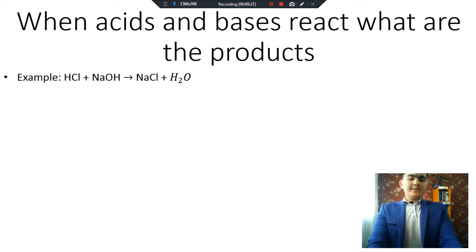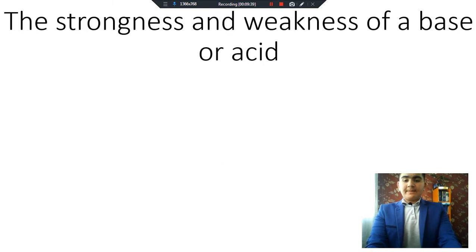You might have asked yourself, based on what do I say that one acid is weak or strong? Let's learn with an example. When HCl, which is a strong acid, dissolves in water, it dissociates completely, and the same is true for strong bases.